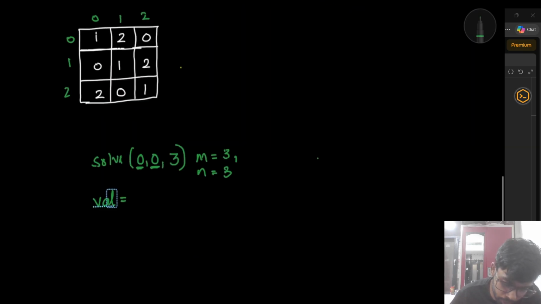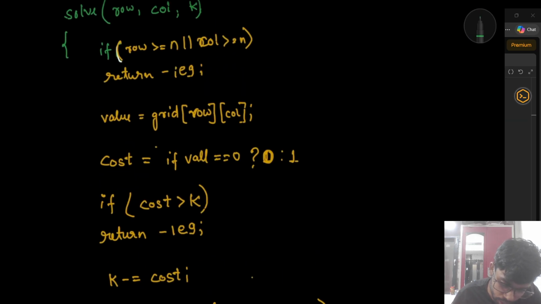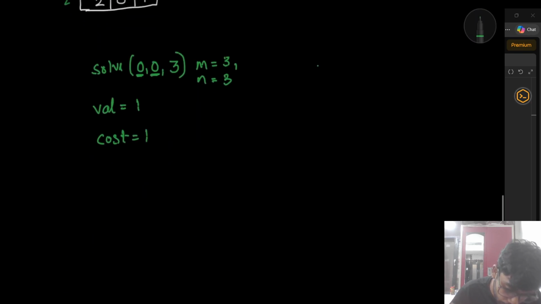So value will be grid of 0 comma 0, here the value will be 1. Then it will get the cost, cost will be equal to 1. Then it will check if cost is greater than k, which is 3. This condition is false.